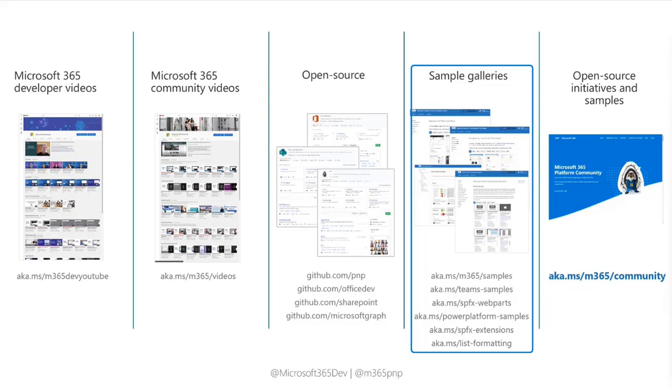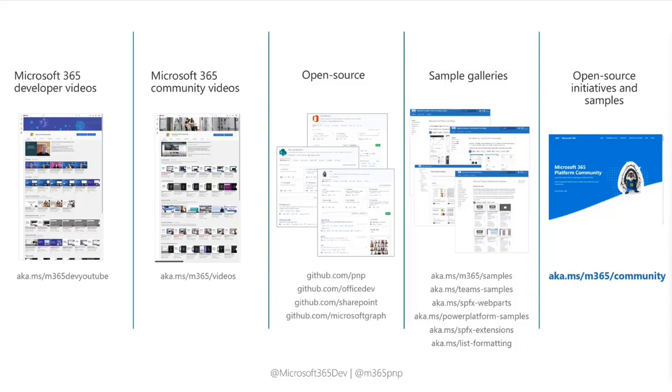And it's really cool to see how much these sample galleries are being used. We have sample galleries for script samples, web part samples, Teams samples and so on. And we have the unified sample gallery at aka.ms/m365/samples, from where you can find hundreds and hundreds, more than 1,000 samples from one centralized location.